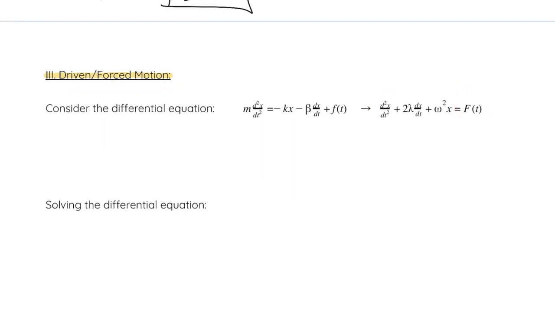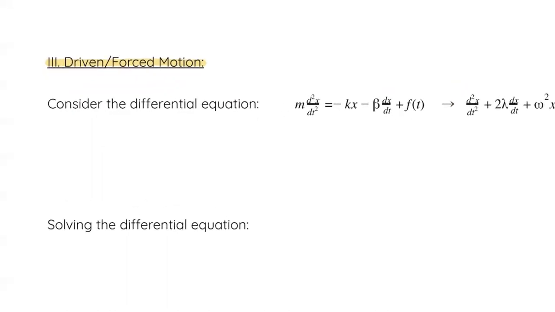First of all, how did we get that capital F? Well, capital F of t is equal to lowercase f of t divided by m. We want to make all the leading coefficients 1, so we divide through everything by m.